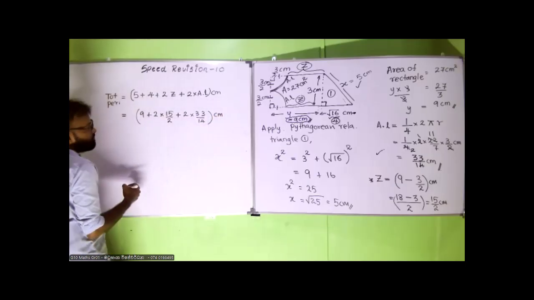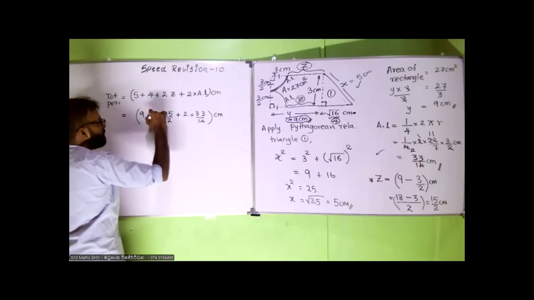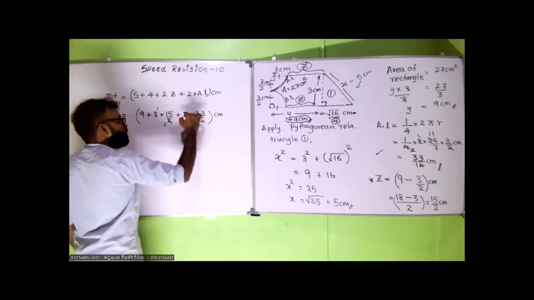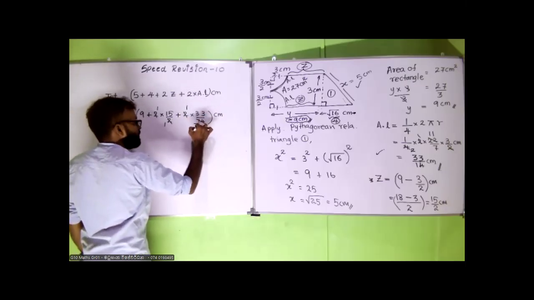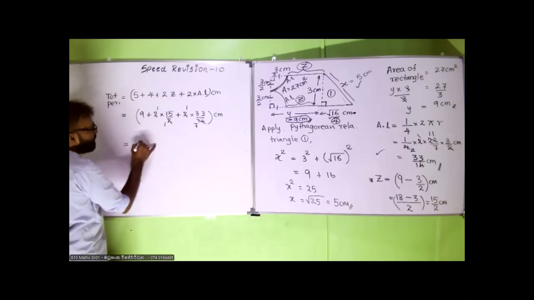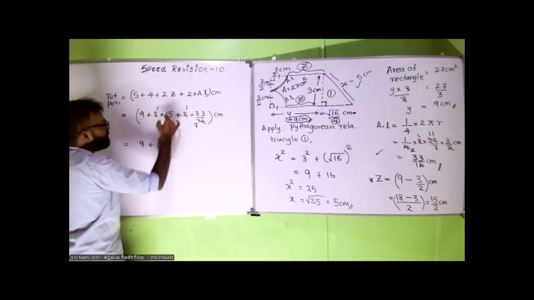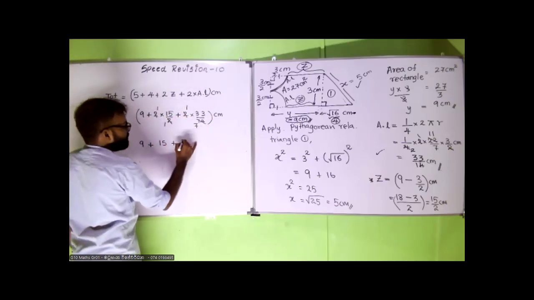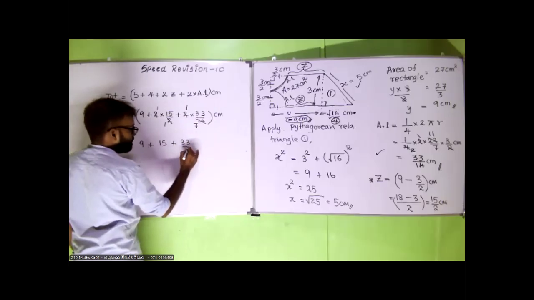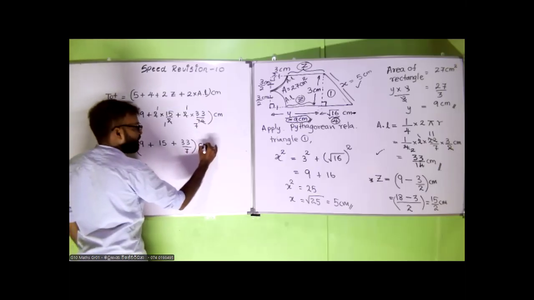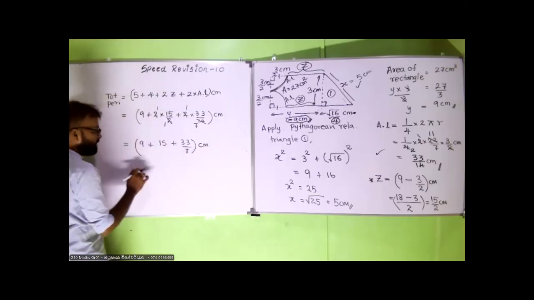So I can simplify here: 2 times 1, 2 times 7. Equal mark. Now I have the remaining numbers: 9 plus this, and here 15, plus 33/7 centimeters. As Nilanka said, I had missed something earlier.